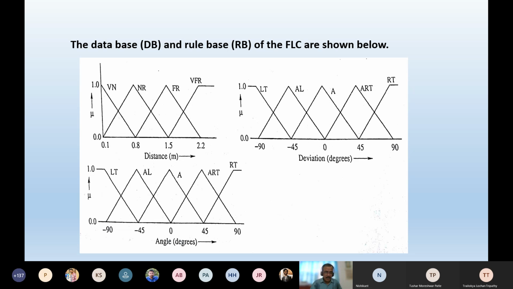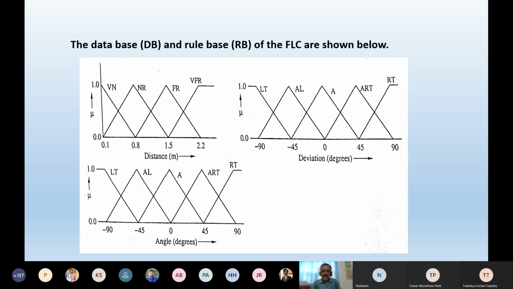Now here, 1.04 means where? This is 0.8, this is 1.5. So might be I'm here. Now if I'm here, this same distance can be called far with some membership function value. It can also be called near with some other membership function value.